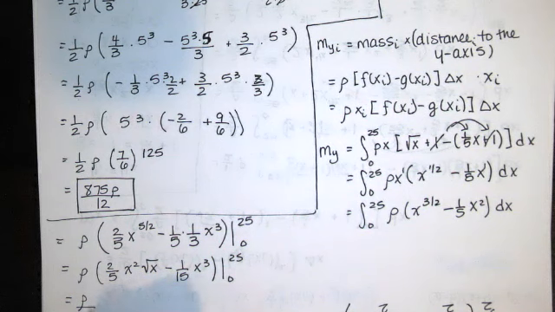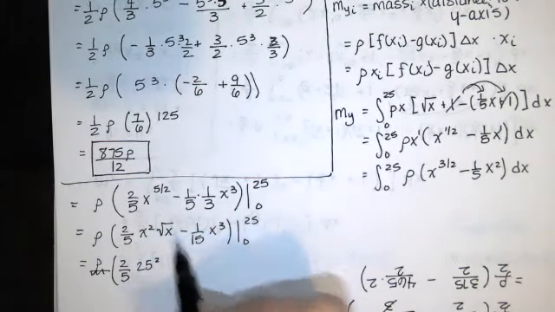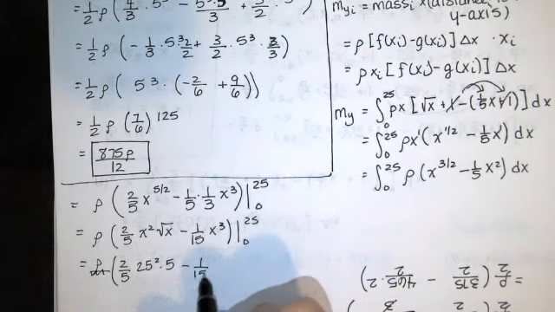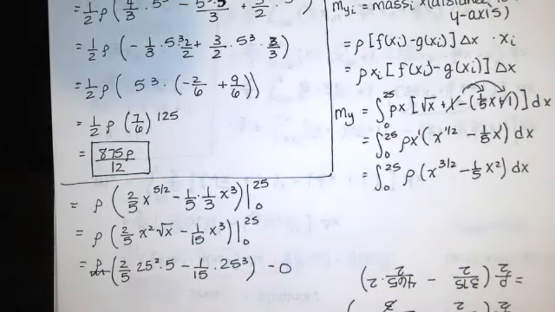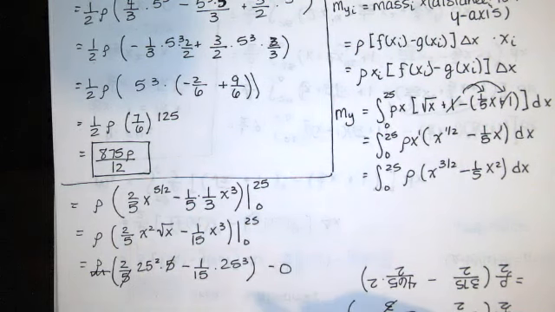So what we have this time is rho times 2/5 times 25 squared. And the square root of x is the square root of 25, which is 5, minus 1/15 times 25 cubed. And then when we evaluate all of that at x equals 0, we just get 0. The 5's reduce there.